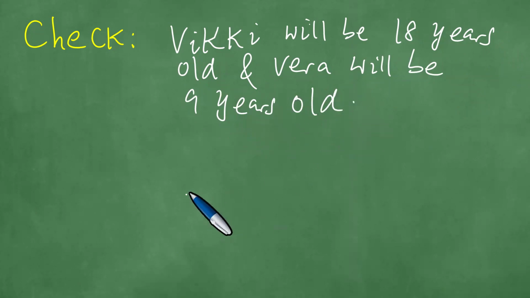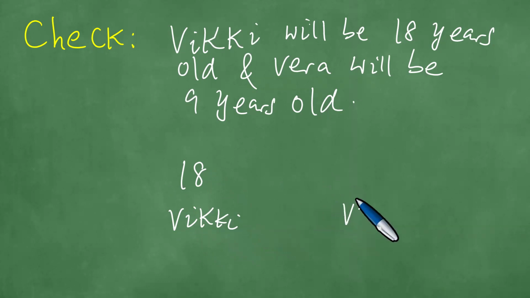Now let us check this. We have the age of Vikki, 18 years, and here we have Vera, who is 9 years old.